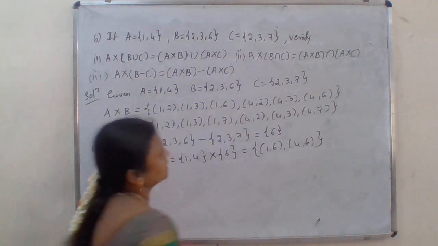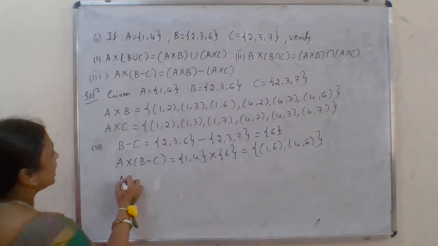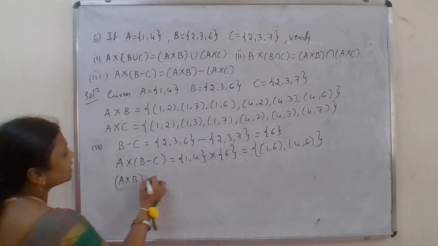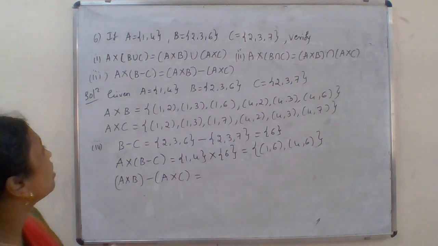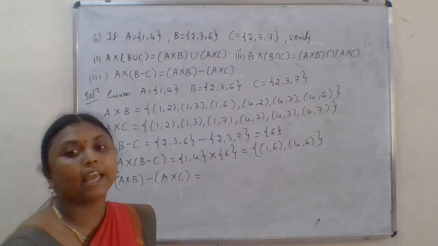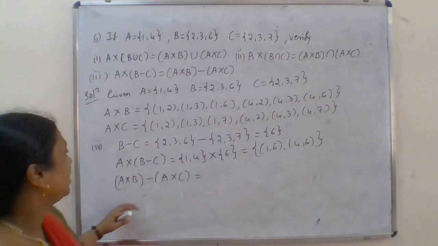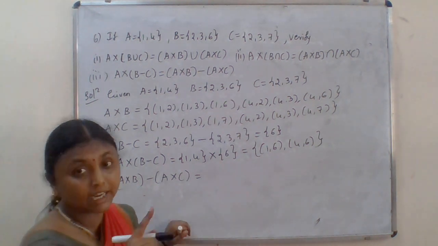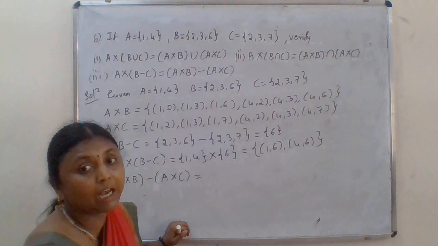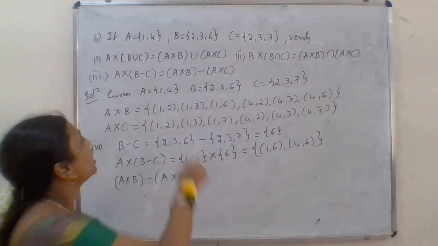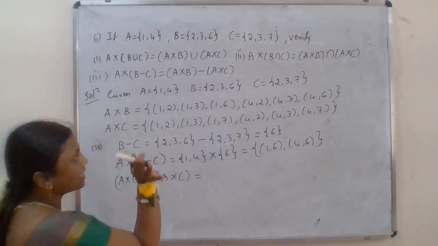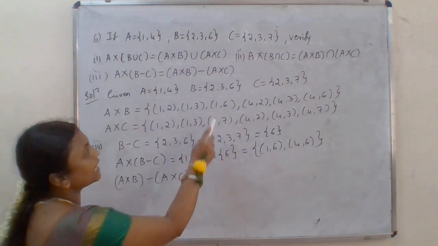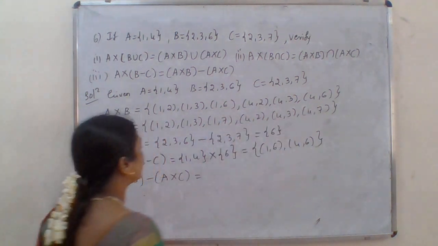Okay. Next, see here A cross B minus A cross C. Now the RHS part is what? A cross B minus A cross C. You should write elements of A cross B which do not belong to the set A cross C. Here 1 2, 1 3, 4 2, 4 3 belong to both the sets. So only elements of A cross B are 1 6 and 4 6.